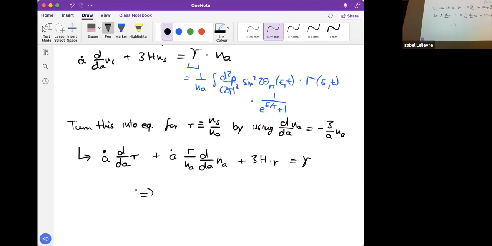That's equivalent to just saying that A dot d over dA of R is equal to gamma.